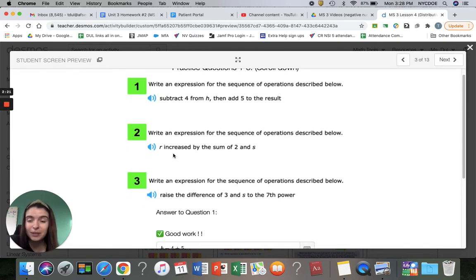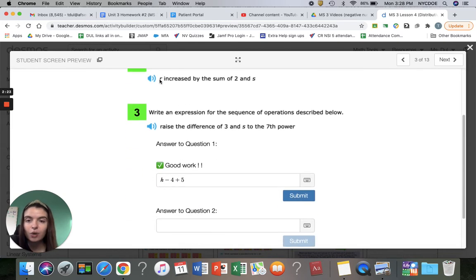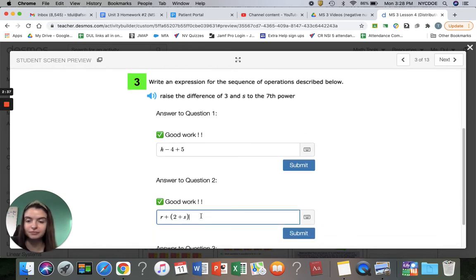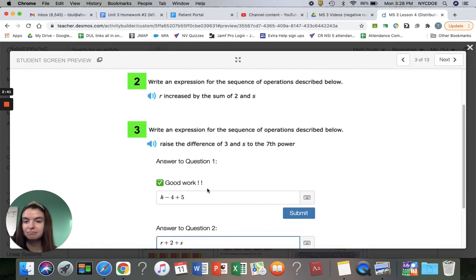Increasing meaning plus, positive. So we're starting with r and then we're adding the sum of 2 and s. The sum of 2 and s is like saying 2 plus s put together. We don't have to have parentheses here either, but we can if we want.